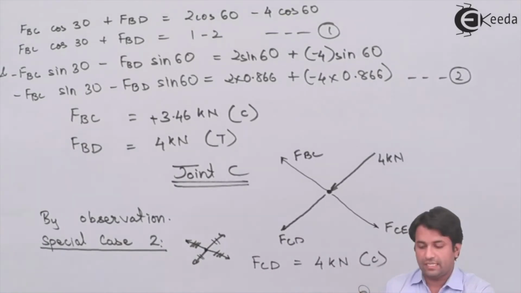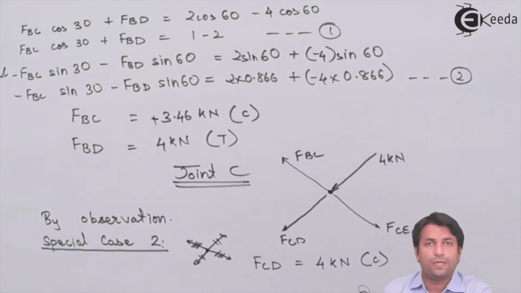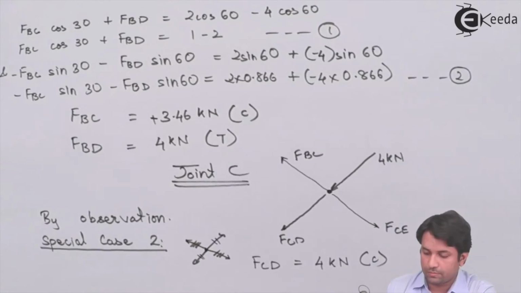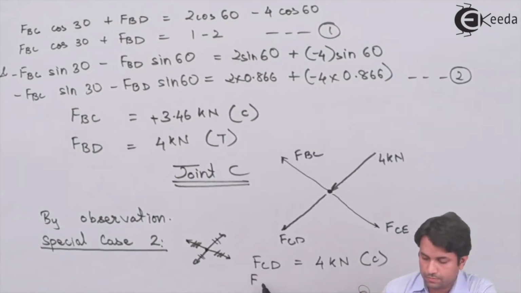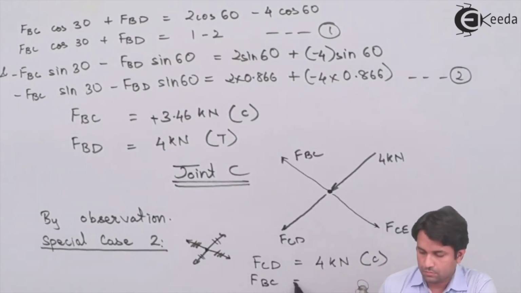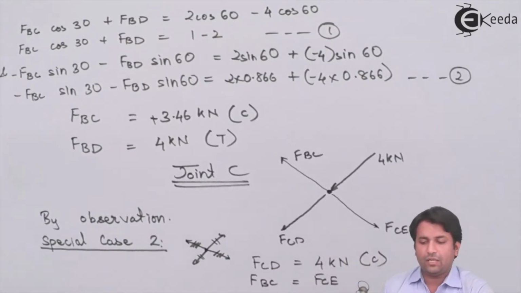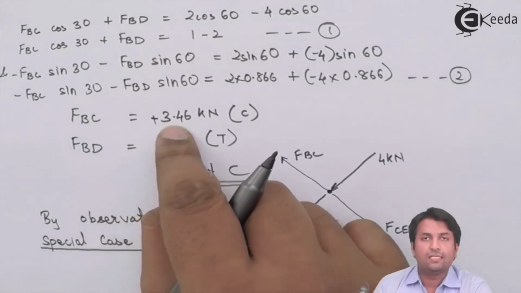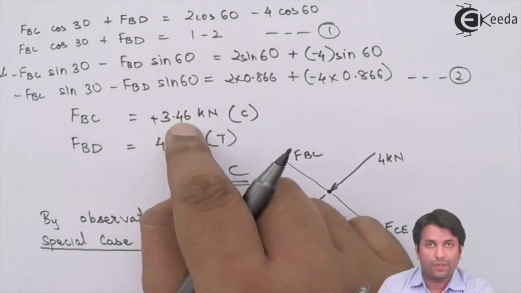The force in CD comes out to be compressive because the 4 kilonewton force is acting towards the joint C. So that is a compressive force. We have already calculated the force in member BC, and that comes out to be 3.46 kilonewton compressive.